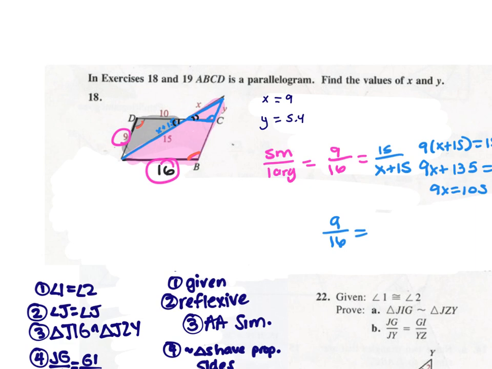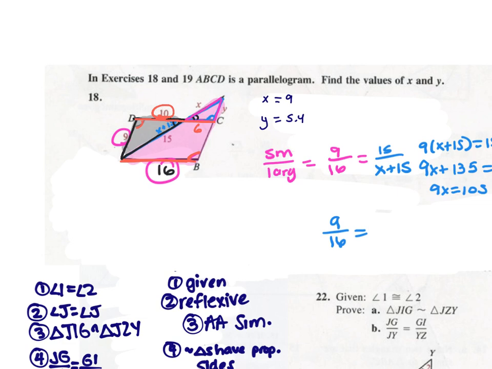Okay, so let's try comparing these two triangles. This one to this one. All right, so if this is 16, right, this is 10 here, then this is 6. The bottom side of that triangle is 6.